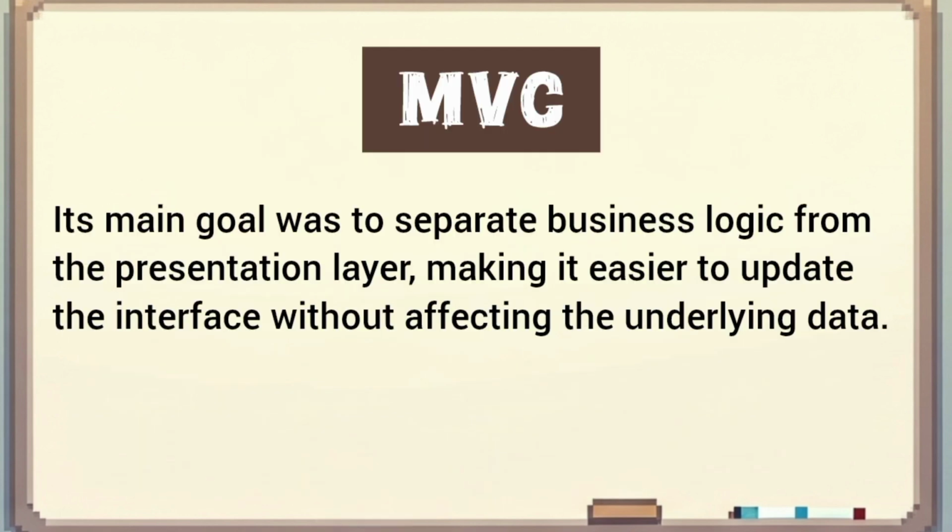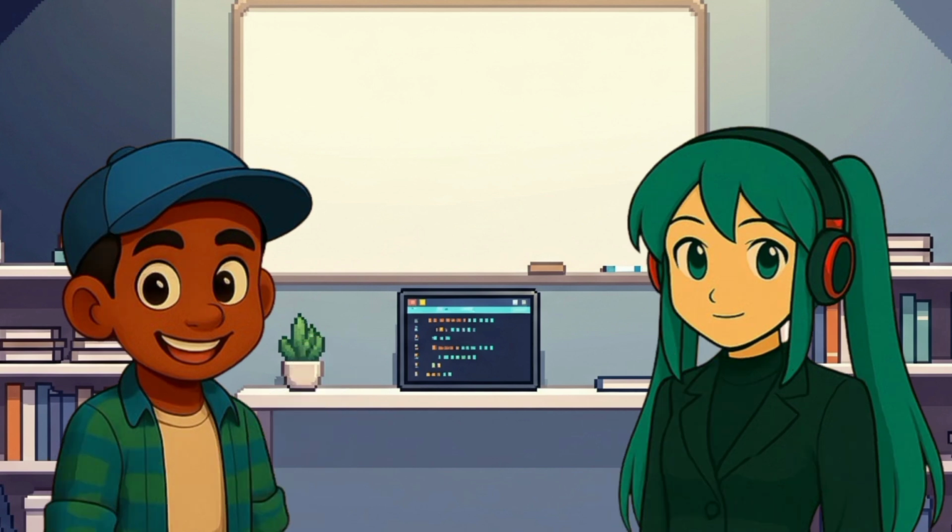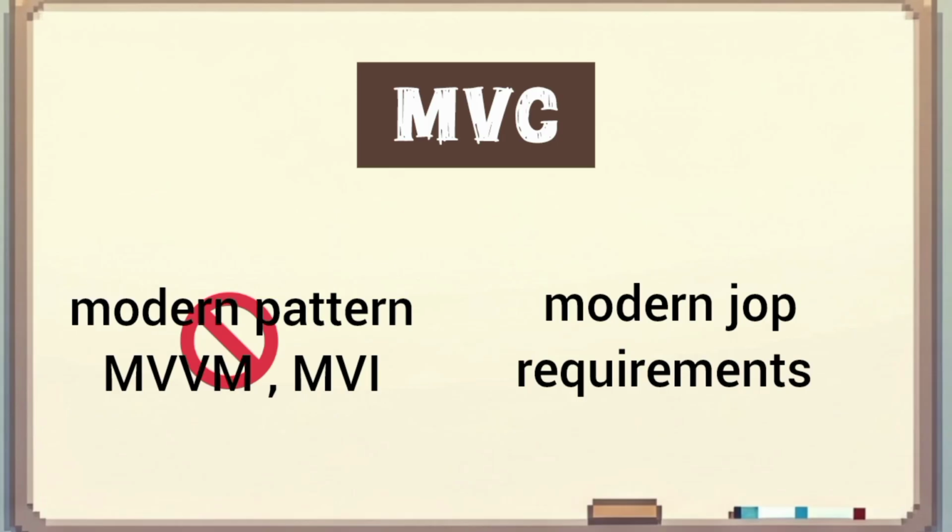Its main goal was to separate business logic from the presentation layer, making it easier to update the interface without affecting the underlying data. This was long before Android existed, and even before modern architectural layers, that is presentation, domain, and data, were introduced. Therefore, this pattern does not fit well with modern applications, and is rarely mentioned in job requirements today.